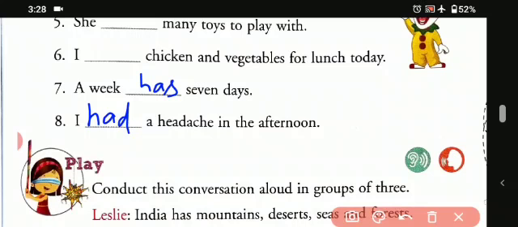That is a fact. Like I had a headache in the afternoon. That means we are talking about the past tense. So what time did I have it? In the afternoon. That is, it's been done in the afternoon. So that's why we will be using had over here. So understand this in a better way.